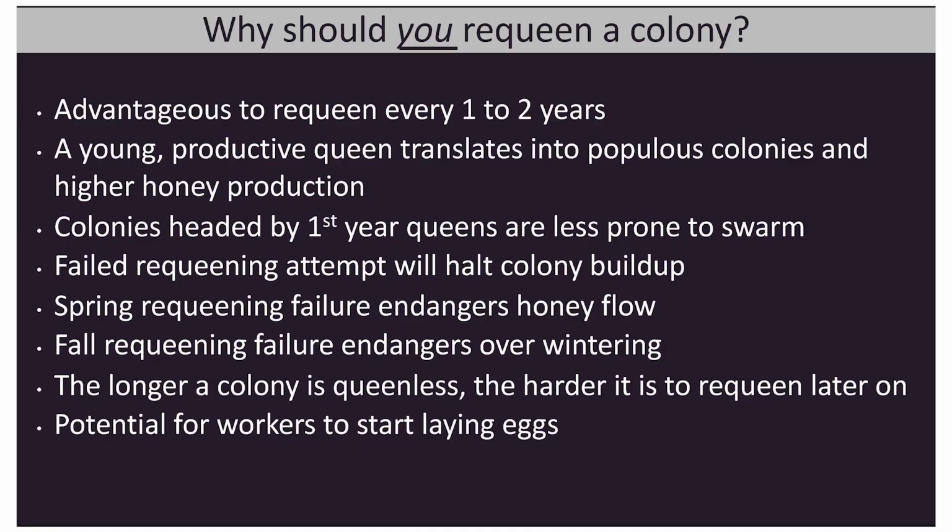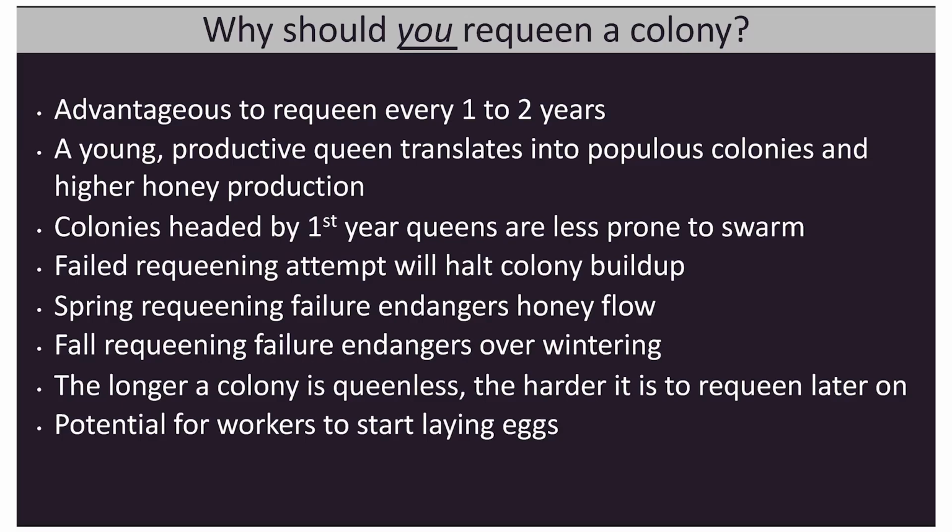Colonies headed by first-year queens are less prone to swarming, and if you allow the workers to do the requeening for you and just take your chances, if they fail at trying to requeen in the fall, in the spring you will not get the population buildup that can take care of the honey flow.